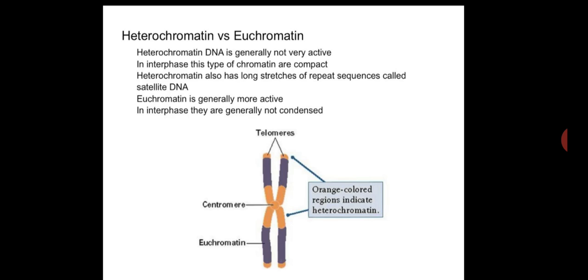For example, the centromere, telomeres, and secondary constriction take heavy staining, along with some other regions. So these regions take high intensity staining during the staining process, and they are called heterochromatin regions.